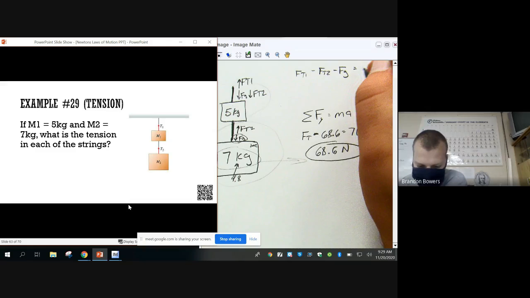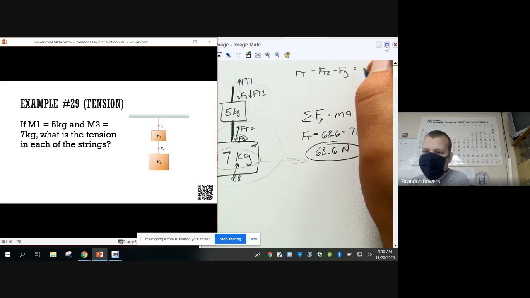Minus force of tension 2, well, I just solved that. That makes it easier. That was 68.6, but I'm going to use 70 because that's easy. Minus gravity. Gravity is going to be 5 times 9.8, so that's close to 50.